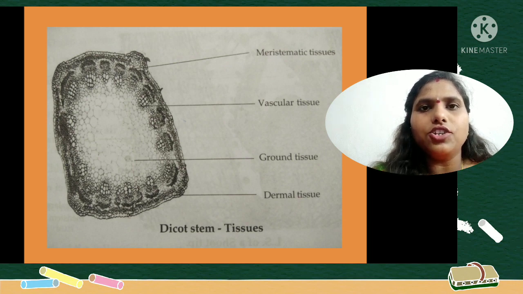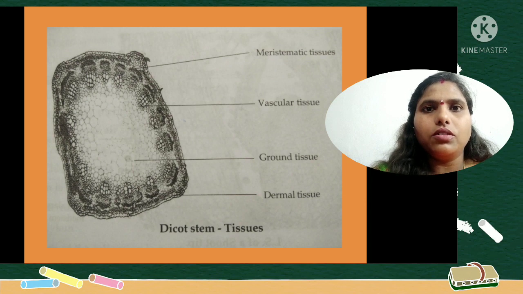Now the temporary slide is ready to observe all those 4 types of tissues: the outer layer, which has meristematic tissue, and in the next one, the dermal tissues. These dermal tissues have stomata also. The next one is in the center part of this stem tissue, where ground tissues are seen, and in the surroundings of this ground tissue, vascular bundles are seen.